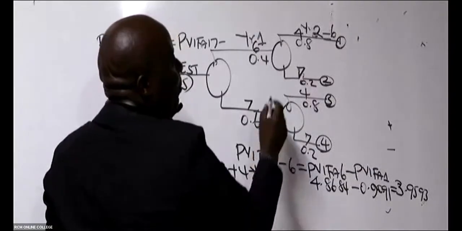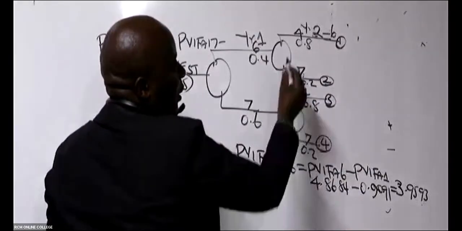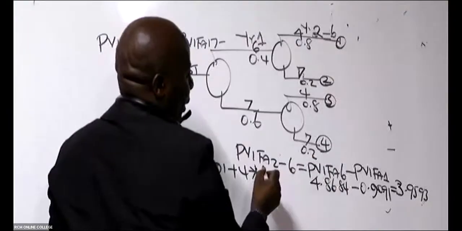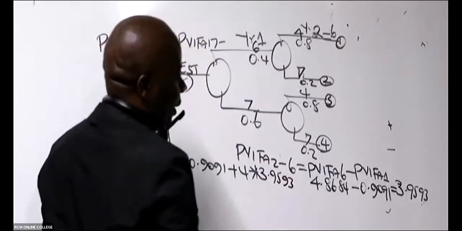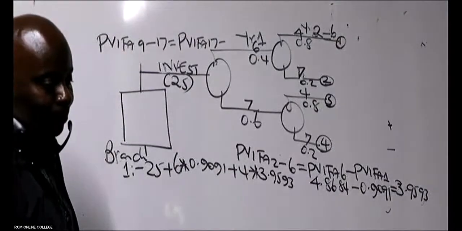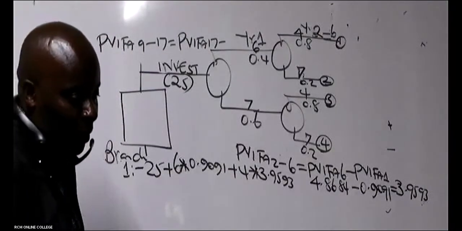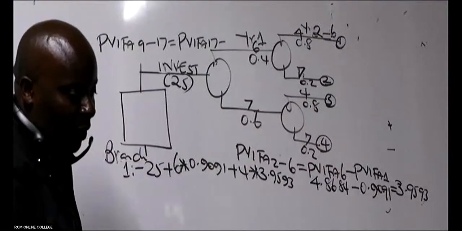I'm going to multiply it with PVFA because it is from year 2 to year 6. And this PVFA, you guys have given me 3.9593, the present value interest factor of an annuity, 6 years.